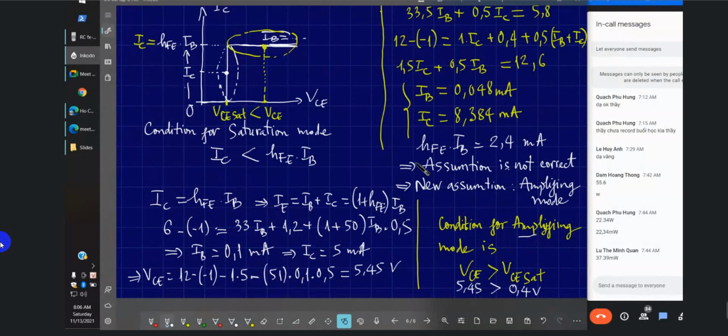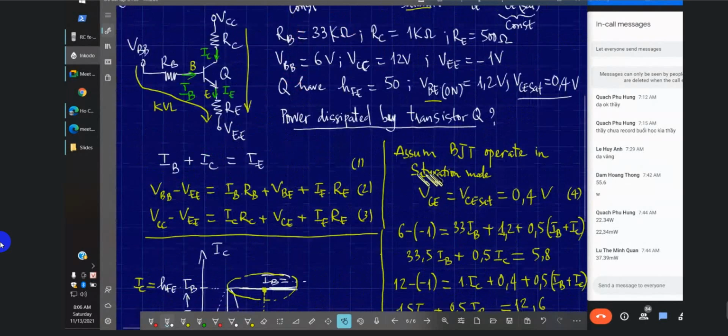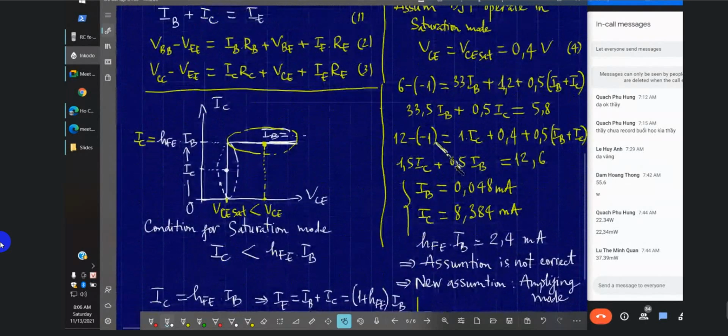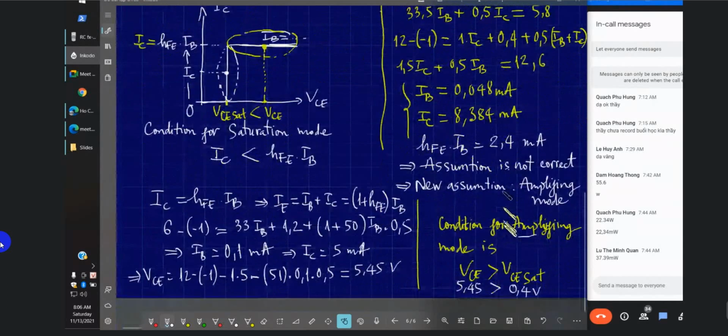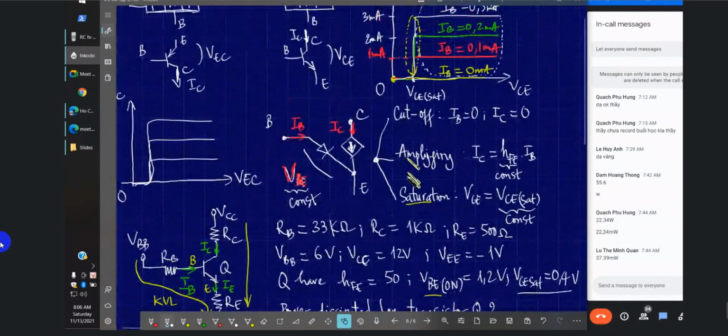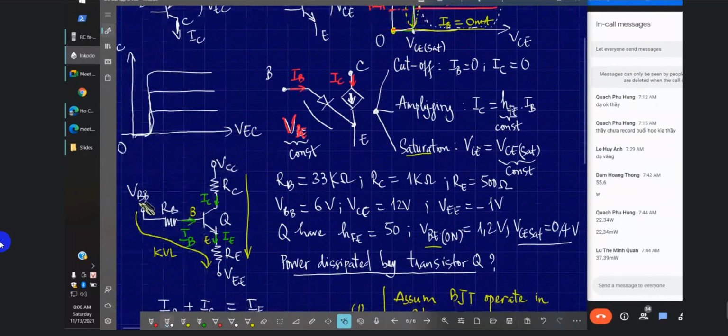Of course, if you make the assumption for the saturation mode and you get the wrong result, not the right condition for saturation mode, then you can be sure that the transistor will work in amplifying mode, because there are only 3 modes the transistor can operate in. For the cutoff mode, normally when we have the VBB, you will see that there would be some IB.